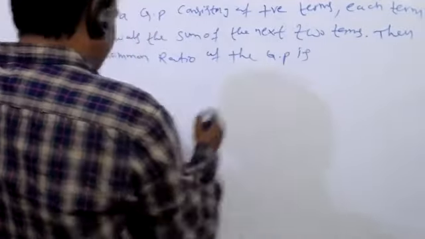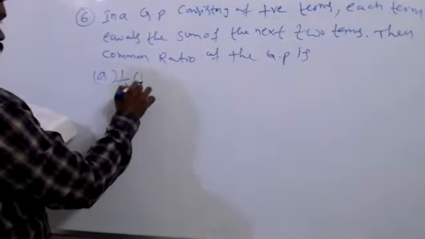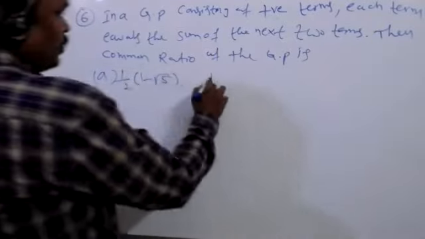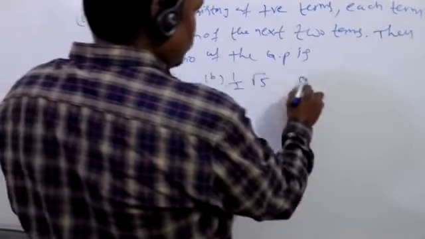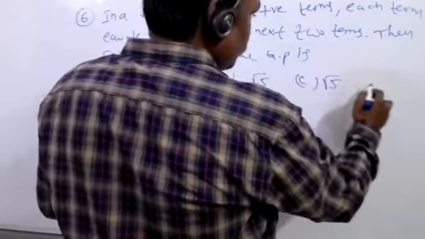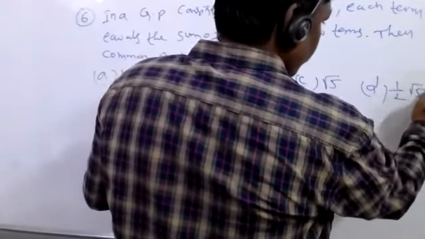Option A, 1 upon 2 into 1 minus root 5. Option B, 1 by 2 root 5. Option C, root 5. Option D, 1 by 2 into root 5 minus 1.